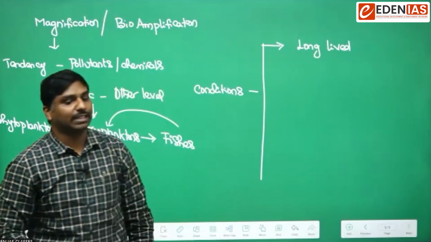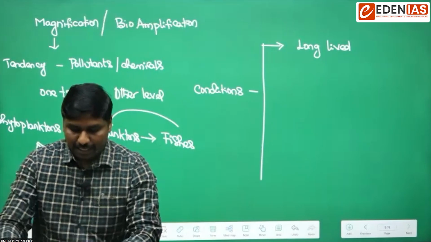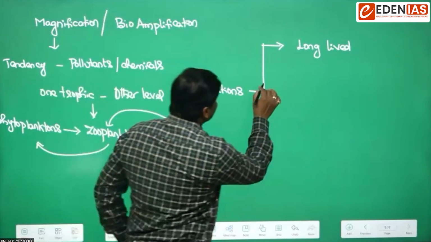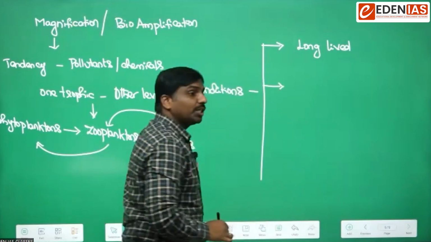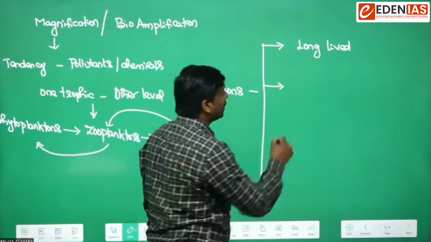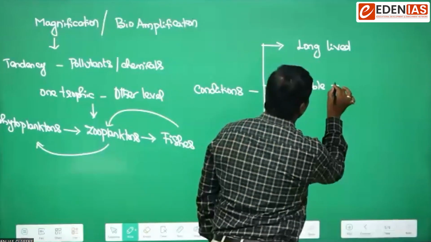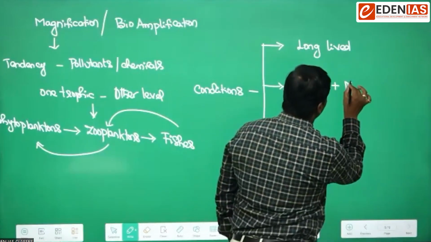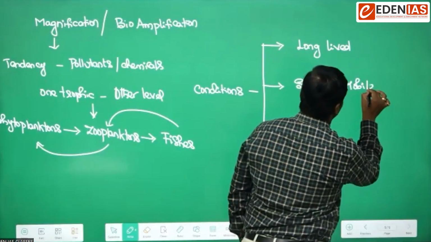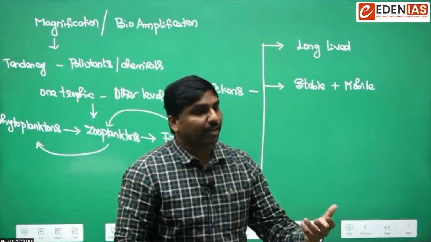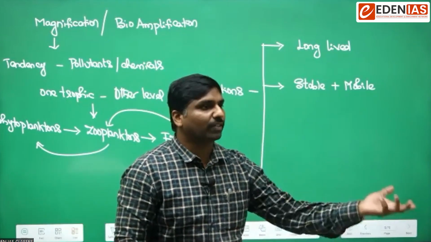So that is one thing. And then, the pollutant should be stable in the environment. It must be stable, and it should be mobile in nature. That means once it is released in the environment, it should not get converted into other forms quickly.